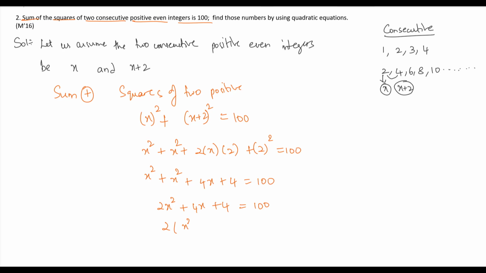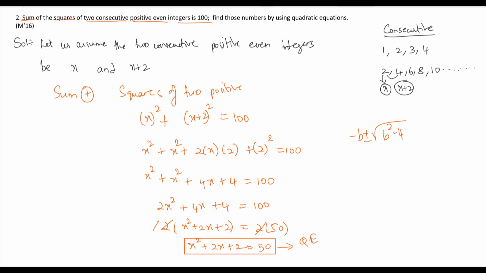Taking 2 as common, we are left with x square plus 2x plus 2, and 2 common here as well, 50. 2 gets cancelled here. x square plus 2x plus 2 equals 50. This is the required quadratic equation which you need to solve by using minus b plus or minus root over b square minus 4ac by 2a.